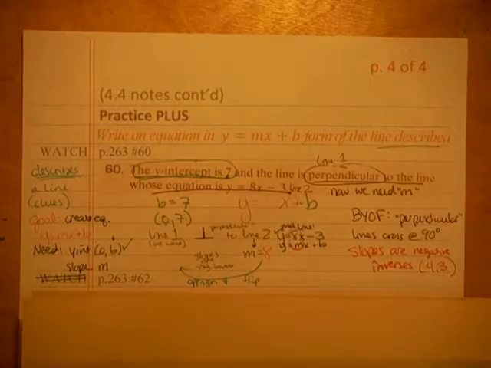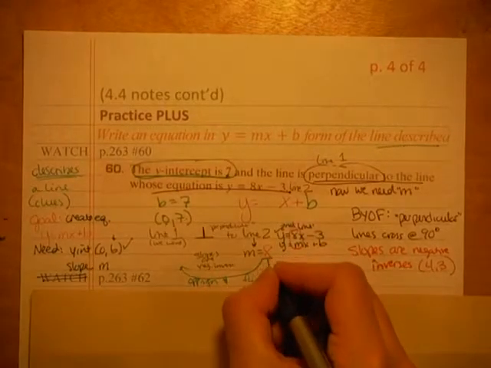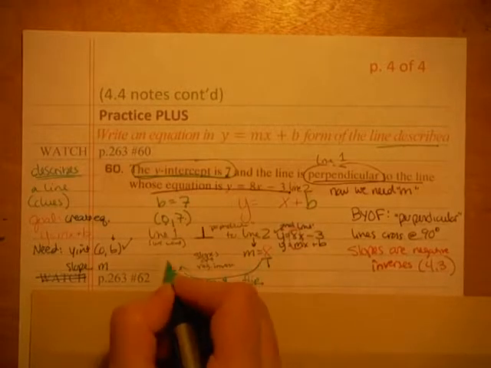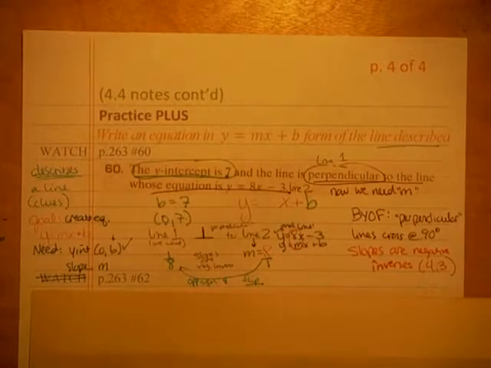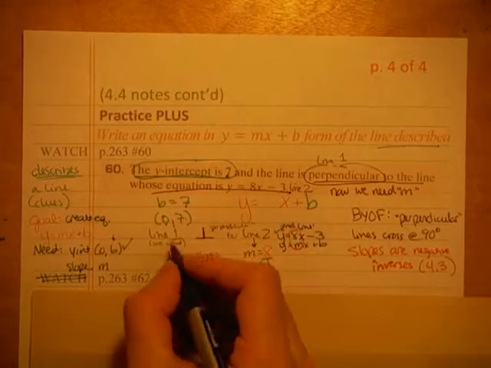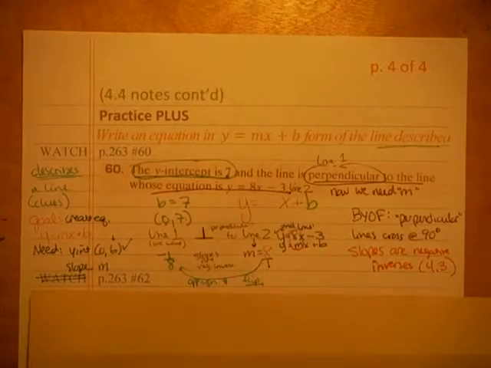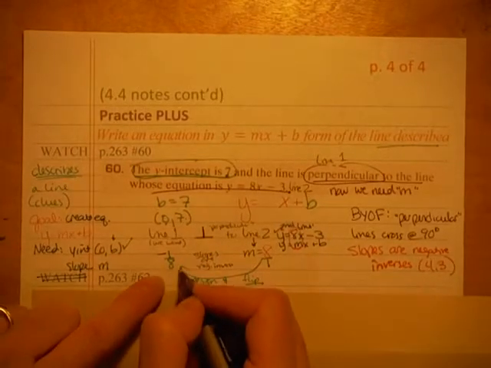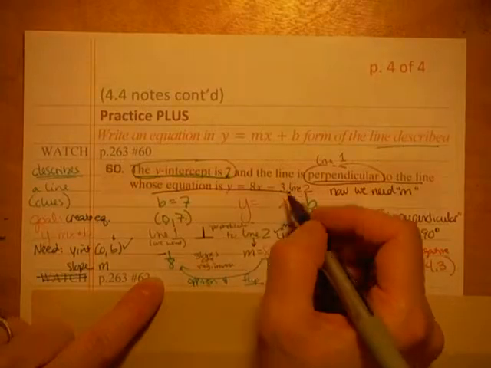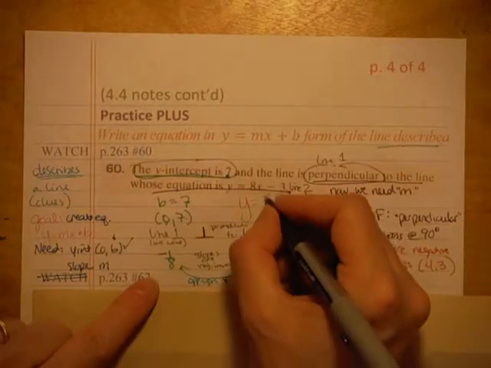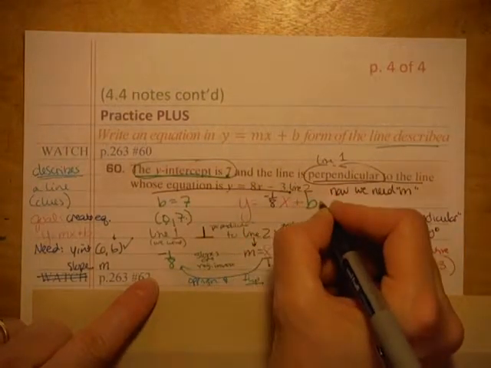It's a slope of 8, or 8 over 1. What's the flip of that? The flip of that is 1 over 8. What's the opposite sign of positive 8 over 1? It's negative 1 over 8. We now have our slope for the line that we're trying to describe here. It's y equals negative 1/8 x plus b.